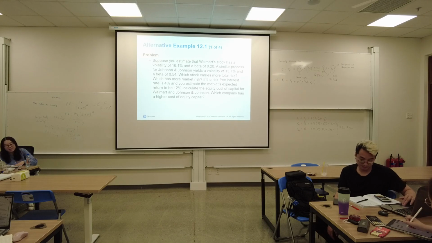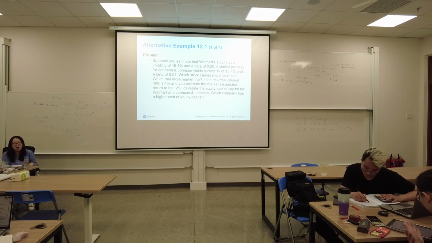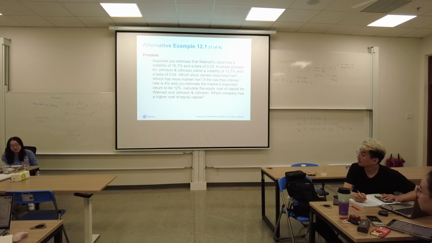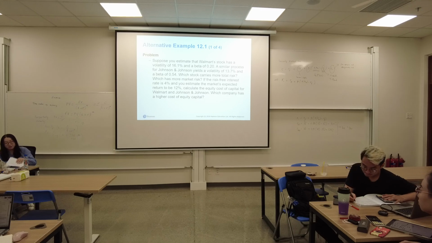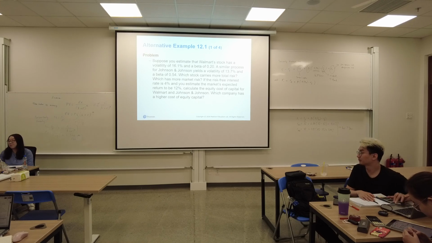Yeah, so can someone tell me what is the cost of capital for Walmart? 5 or 6%. Yes, how about Johnson and Johnson? That would be 8.32%. Yes. So you know how to do it right now, right? It's very simple. Just apply the CAPM formula.